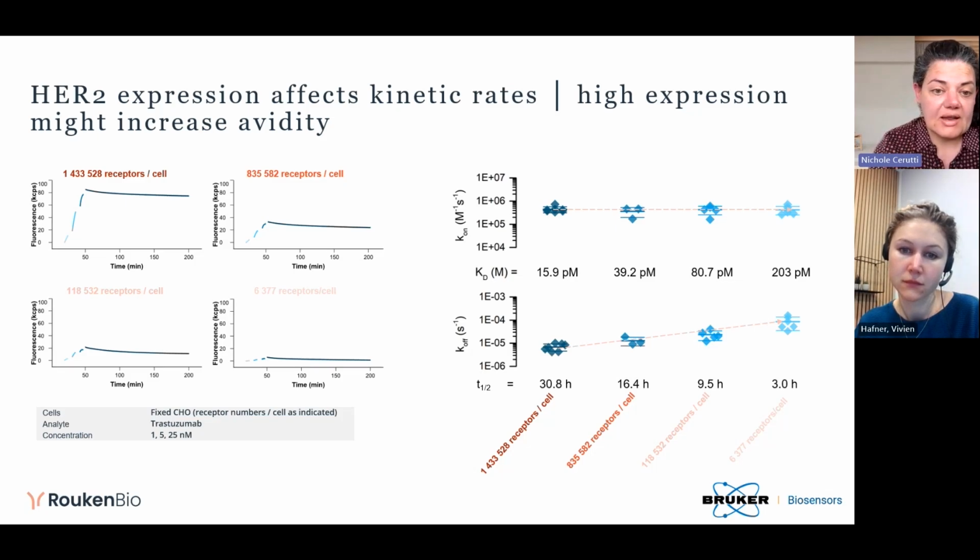With the very high numbers of receptors per cell, you can see the half-life has increased almost tenfold to 30 hours, as opposed to those cells which have the very low receptor numbers, where you only have a half-life of 3 hours. In other words, the take-home message from this is that the off rate is driving the differences in the KDs.